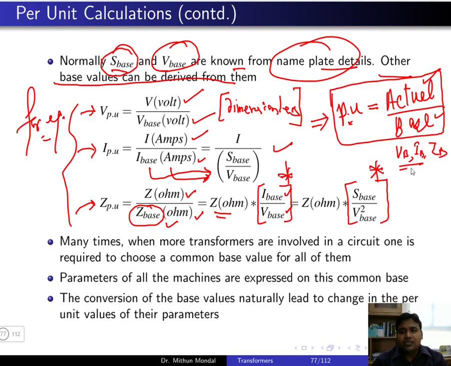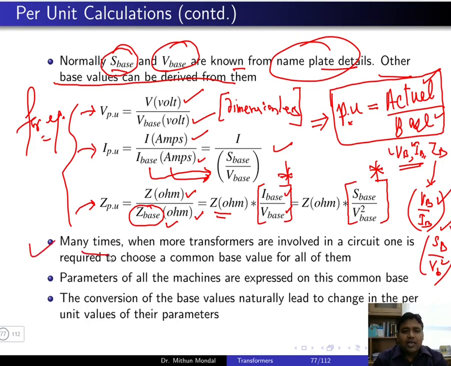Once we have fixed the voltage base and the current base, we can calculate impedance base from the voltage base by current base. So impedance base will be equal to voltage base by current base, or in terms of the power, this is equal to S base by voltage base square. So either we can use this quantity or we can use this quantity, we will get the same answer.